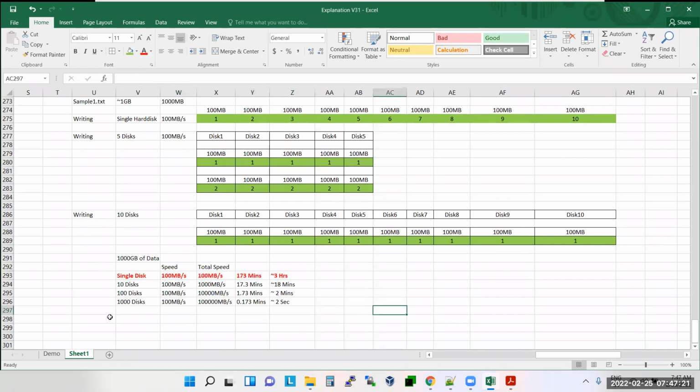But by adding more and more disks in one place, you're able to achieve super duper performance. Do you know what is the maximum performance? There's a test done.